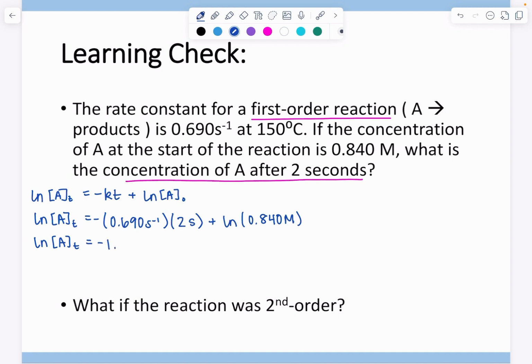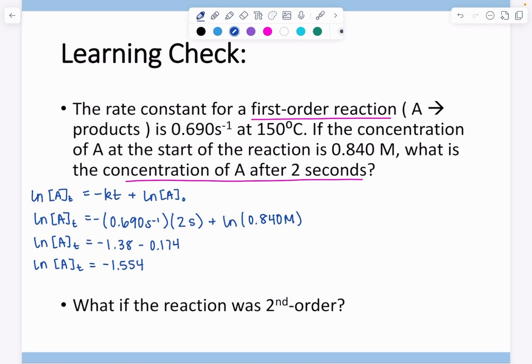This is negative 1.38 minus 0.174. So natural log of A at time t is equal to negative 1.554.